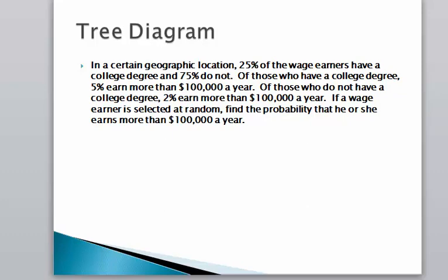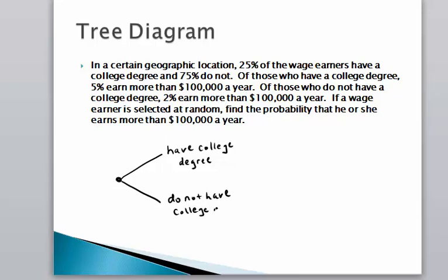So we're going to begin by attempting to organize the information. We're first told that 25% of the wage earners have a college degree and 75% do not. So I'm going to place a starting point and separate into those that have a college degree and those who do not have a college degree.